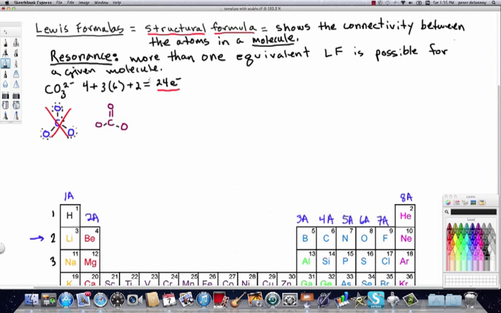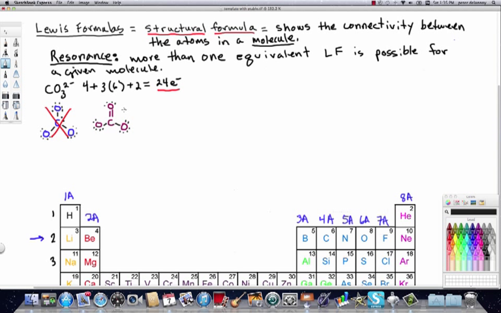All right, and put in our unshared electrons, unshared pairs. I'm just going to fix this bond so it's more clear, like that. All right, and then we need unshared pairs here.